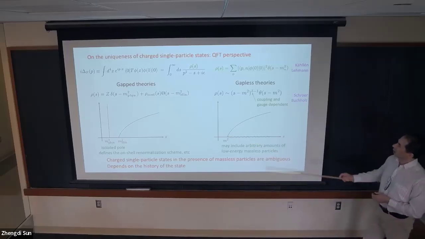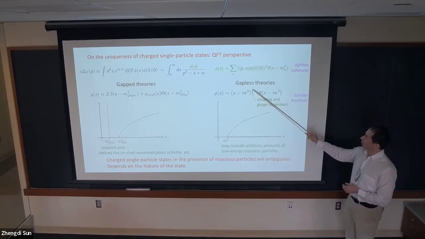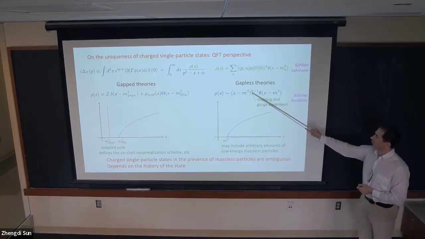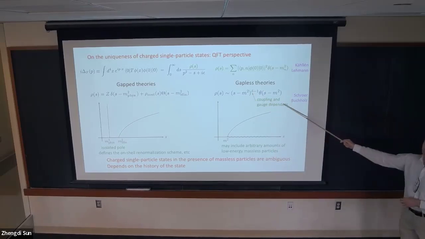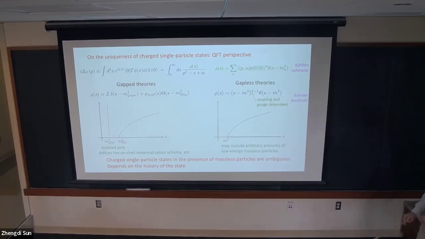And not only that, but the cut has an exponent that is not a rational exponent. This delta depends on the coupling, and not only that, but also happens to be gauge dependent. So this is a result from these two people in the late 60s, early 70s.